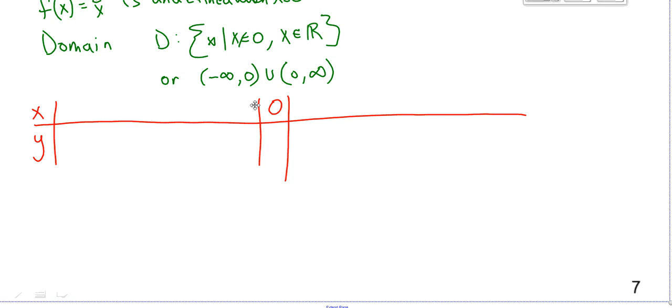When I want to be super close, I'll look at negative 0.001. And that was a little hard for me to write. I'll look at negative 0.01. That's a little further away. I'll look at negative 0.1, negative 0.5, and negative 1.